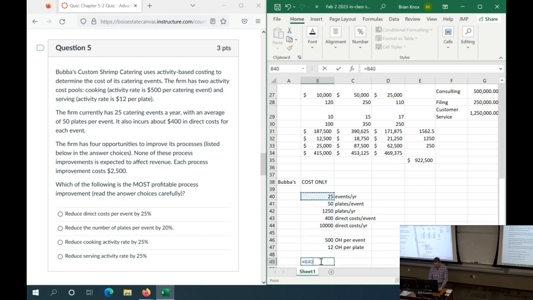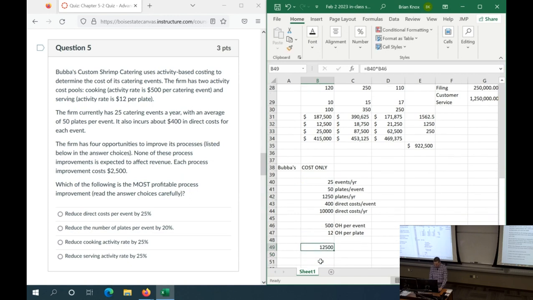So we have 25 events per year, $500 overhead per event. $12,500 is the event overhead per year. So I'm trying to get total cost per year. I'm going to get these 3. And then we have our overhead per plate times the number of plates per year. And that is plate overhead per year. This is the total overhead we're expecting based on the serving activity.